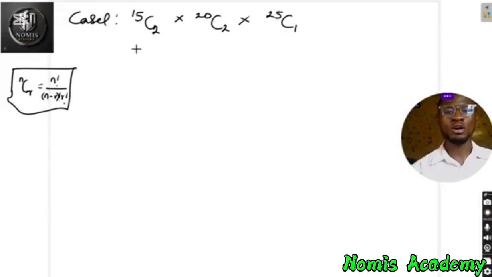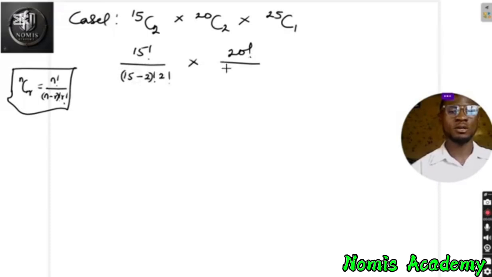So this becomes 15 factorial all over 15 minus 2 factorial times 2 factorial, multiplied by 20 factorial all over 20 minus 2 factorial times 2 factorial, multiplied by 25 factorial all over 25 minus 1 factorial times 1 factorial.